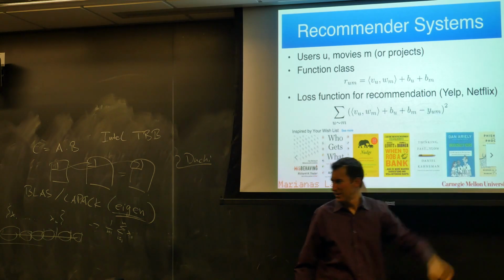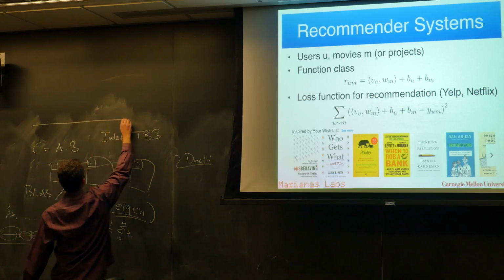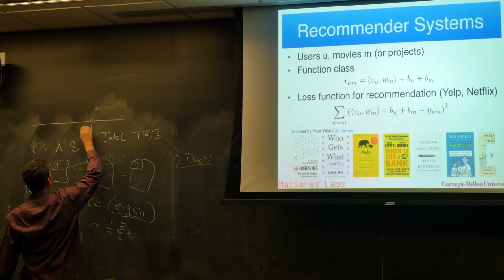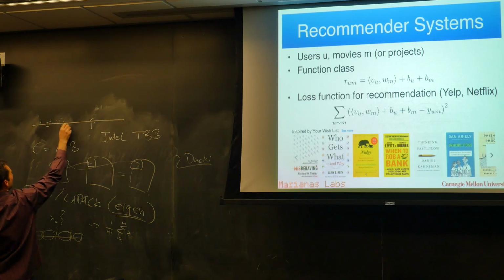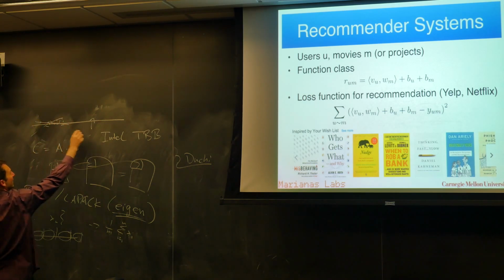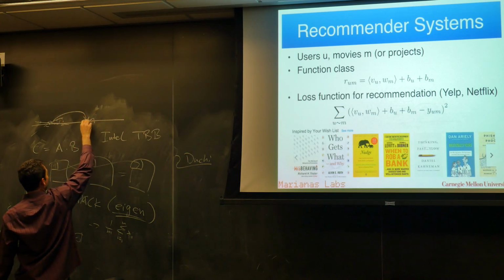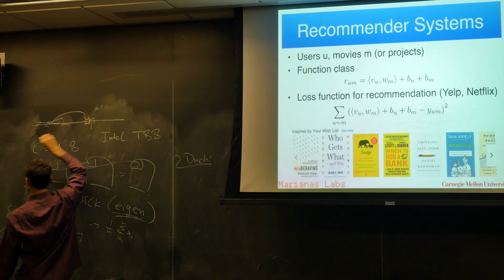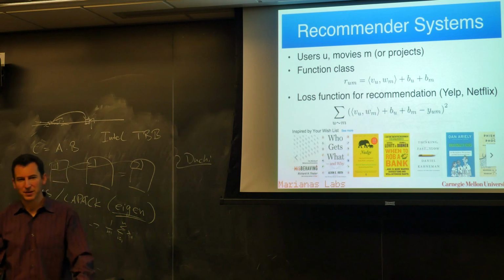So if this is my scale of movies, and these are the ones that I really care about watching, then whatever happens over here doesn't really matter, as long as none of them ends up here. This is where it really hurts. So if all of a sudden Barbarella becomes a 4-star, this is a problem. But other than that, it doesn't really matter whether it's a 1, 2, or 3-star.